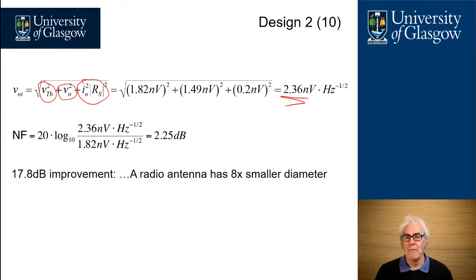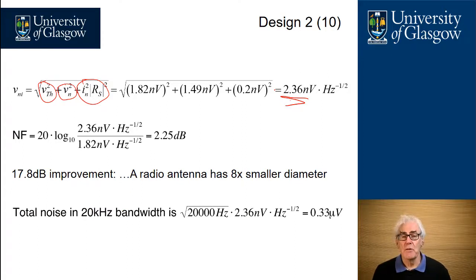By changing the amplifier and by changing the feedback resistors, we've made approximately a 17.8 decibel improvement. And if that was a radio antenna, perhaps a radio dish, you've actually improved the size of the radio antenna by making it 8 times smaller because of the improvement purely from better noise design of the amplifier.